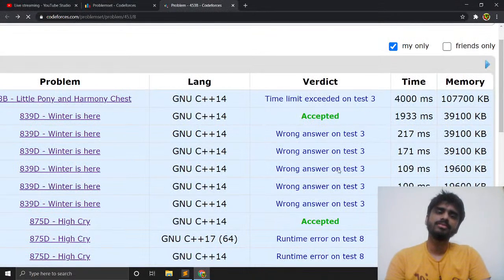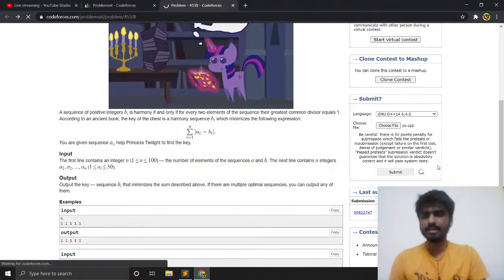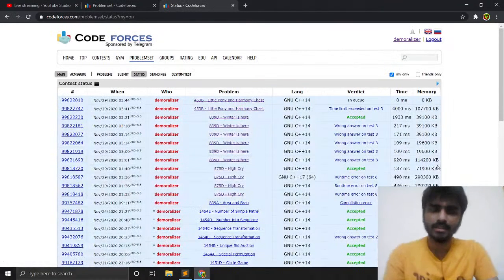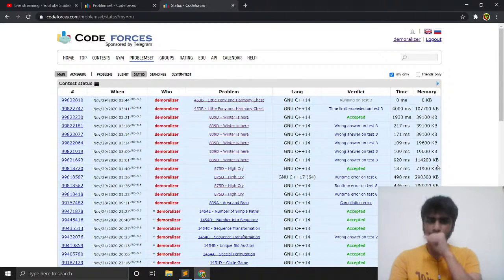If our solution was running in like 7 seconds, it will now run in 3.5 seconds. It will pass. I think that was the main thing to observe. It should run around, but I'm still not sure.